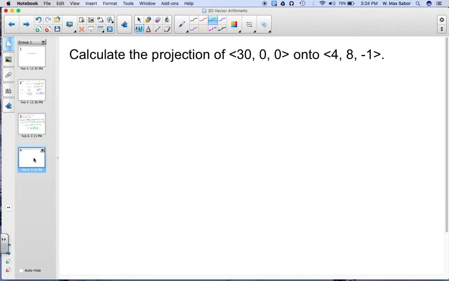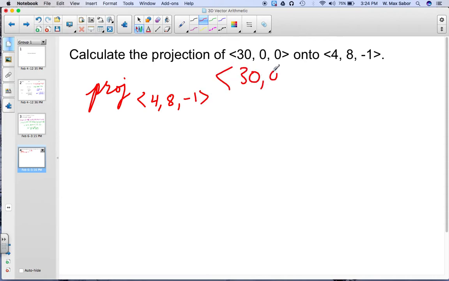If we wanted to project one vector onto another, this is written, the projection onto 4, 8, negative 1 of 30, 0, 0. So this is our input vector, and this is what it's being projected onto.